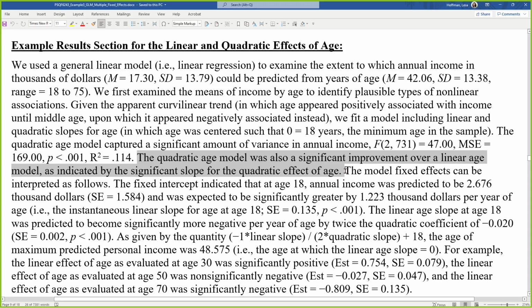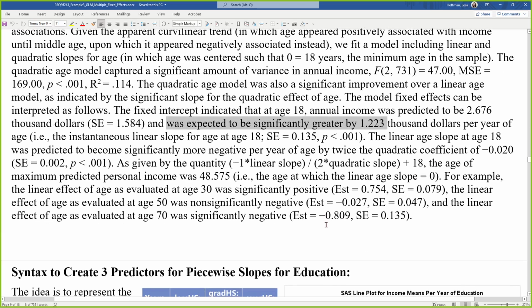Then the model fixed effects. The fixed intercept indicated that at age 18, annual income was predicted to be 2.676. That's my fixed intercept. And was expected to be significantly greater by $1.2 thousand per year of age. That's my linear slope at age 18. Then the twice part.